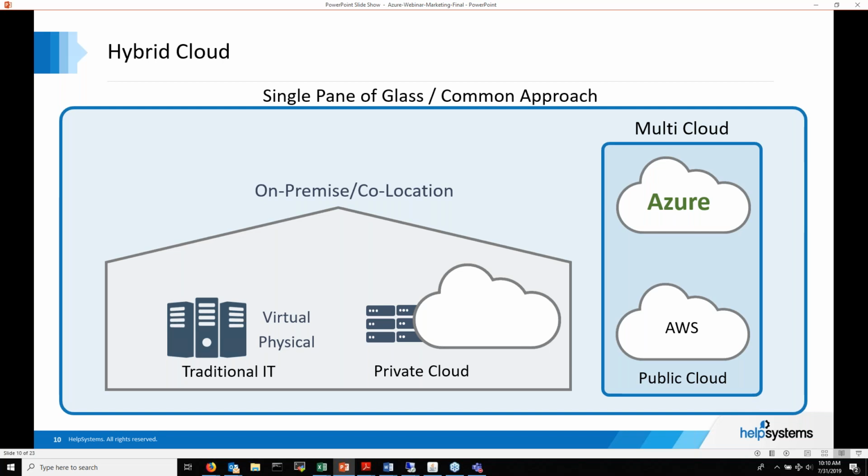So many of you, I'm sure, still have some traditional IT on-premise, physical systems, maybe Unix systems, Linux, Windows, running databases, servicing multi-tiered, three-tiered applications.